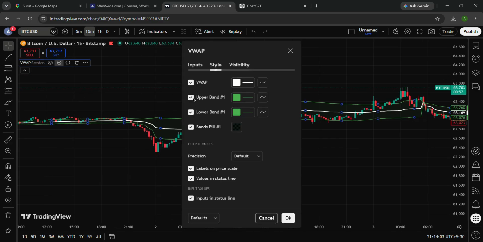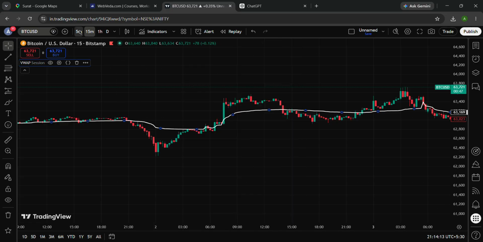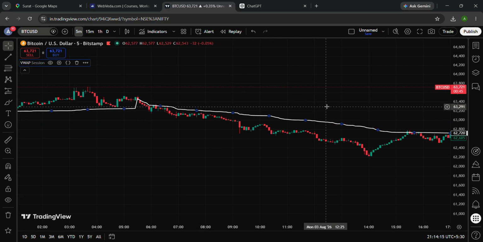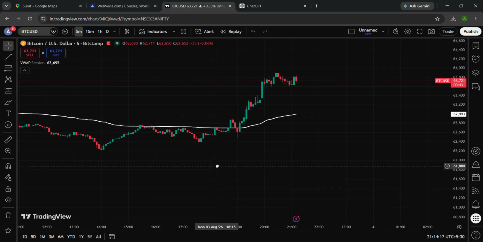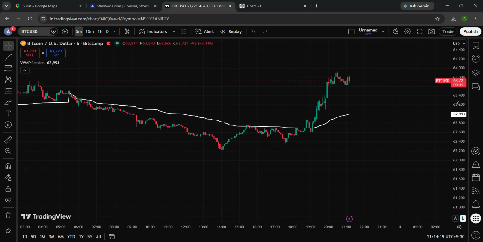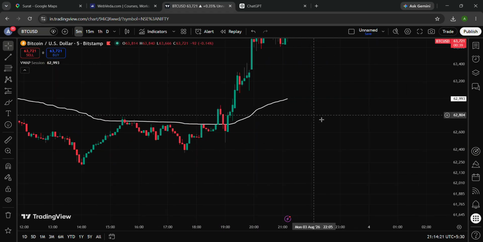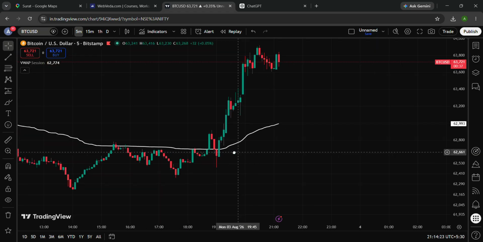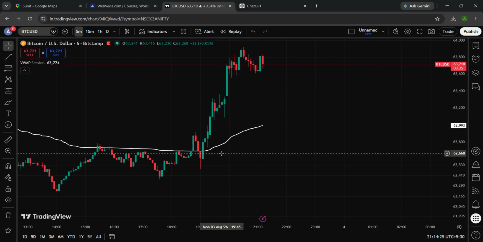I don't need these other things, so I can disable all of them. I just need the VWAP line, and we're on the 15-minute chart. Let me switch to the 5-minute chart, where I can actually place the trade. So this white line is the VWAP line.